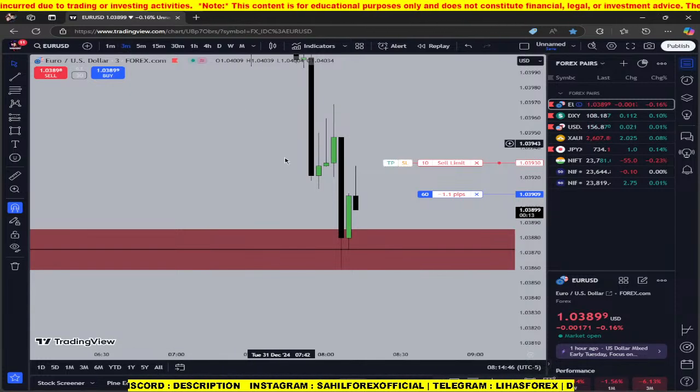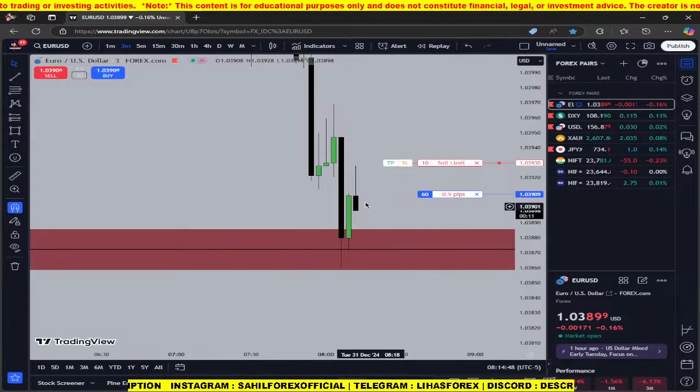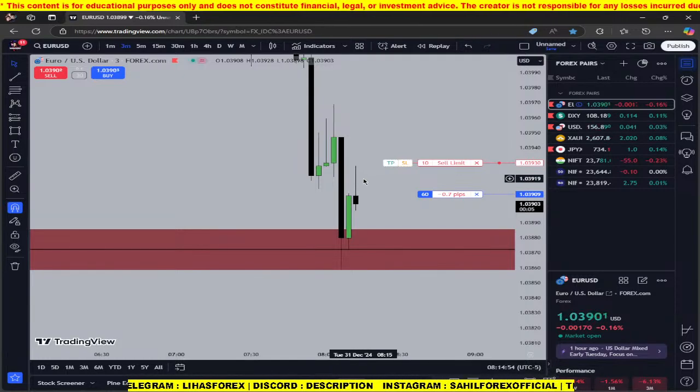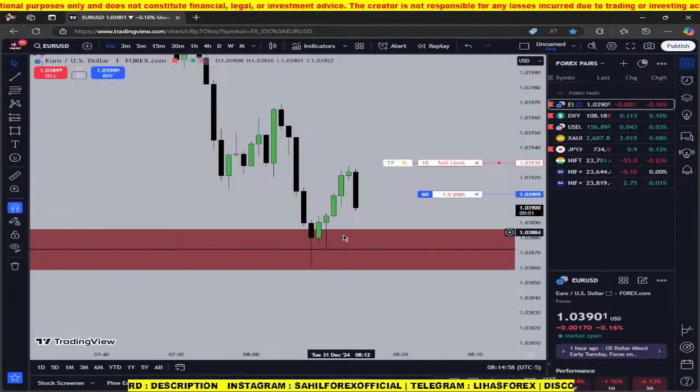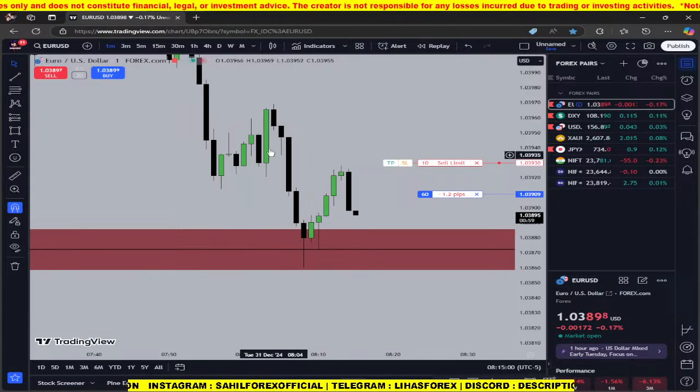What I wanted is for this 3 minute candle to close this CB above this consequent encroachment, then just try to deviate upwards because we create a kind of balanced area in this 1 minute.